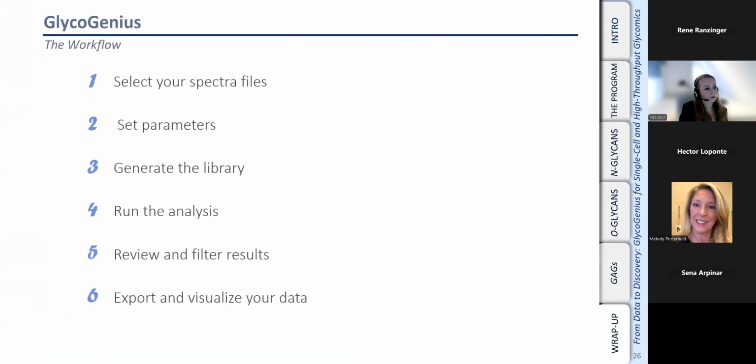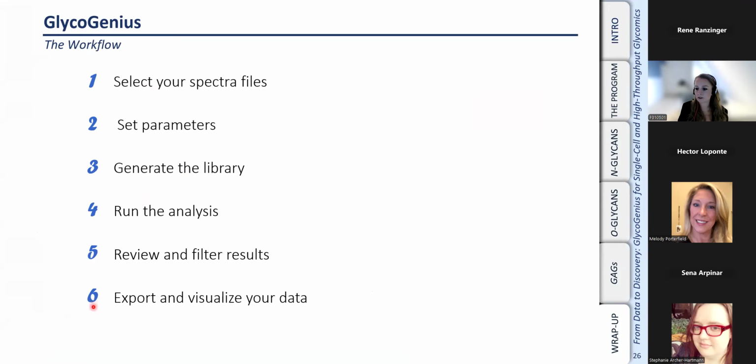So what will we do in a hands-on experiment? We will do the workflow. You will select your spectra files, set your parameters, generate the library, then run your analysis, of course, review and filter your results, and then from there, export and visualize your data.